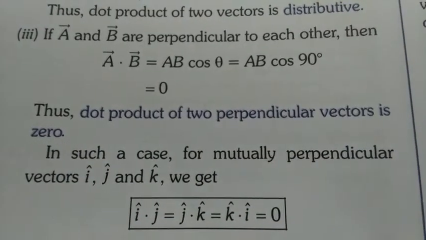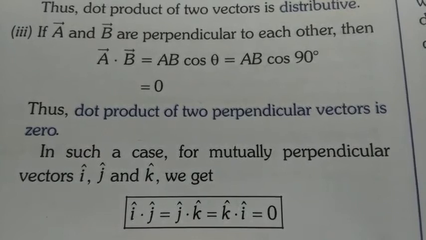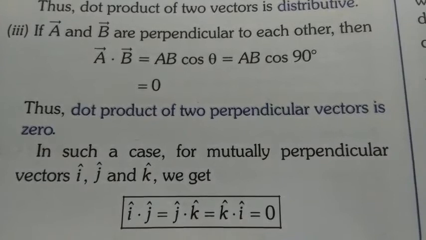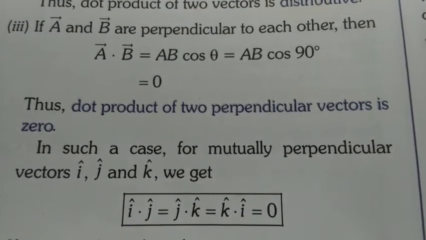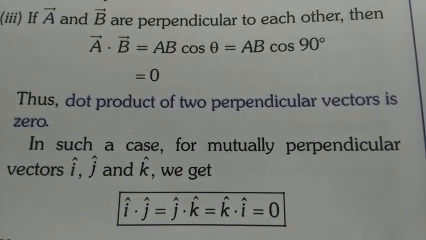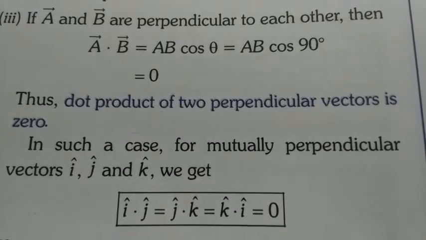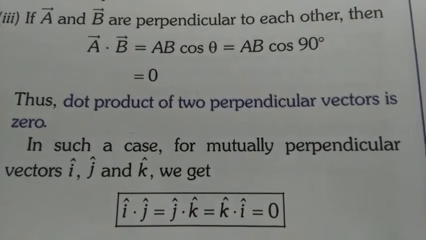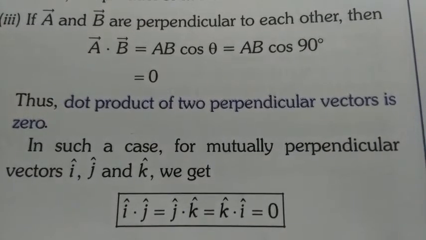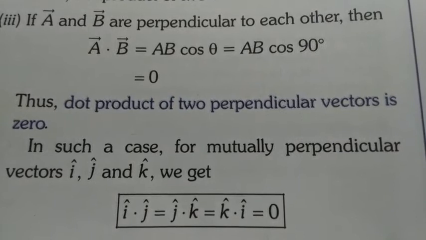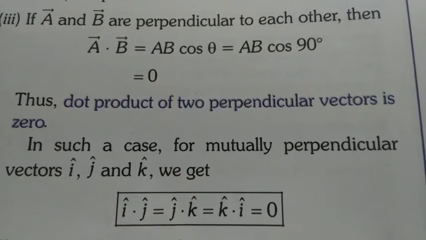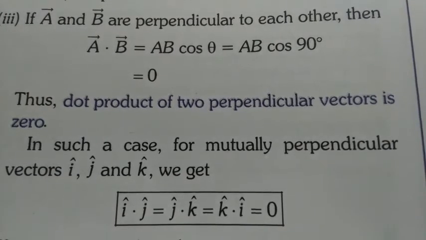And in such a case, for mutually perpendicular vectors i, j and k, we get i dot j, j dot k, and k dot i equal to 0. See, i, j and k are representing the x, y and z axes, and because these three axes are perpendicular to each other, their unit vectors which show the direction of x, y and z will also be perpendicular to each other.